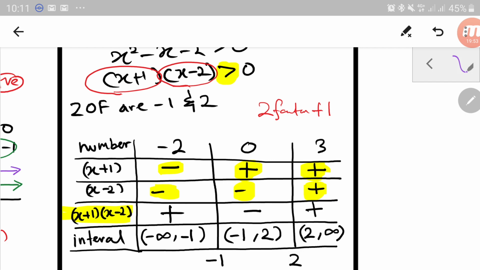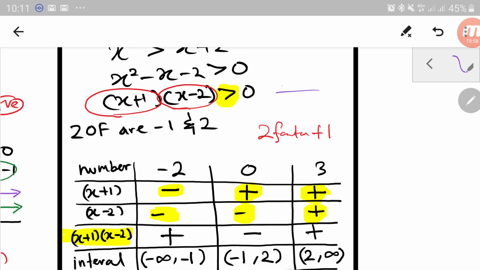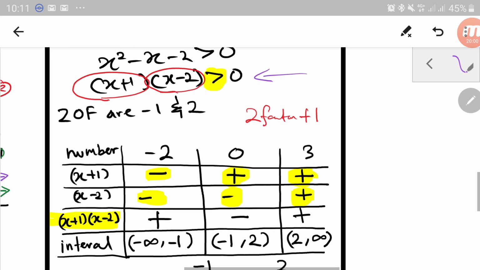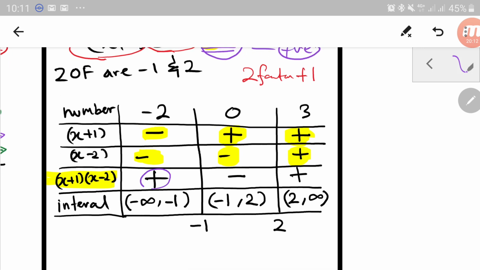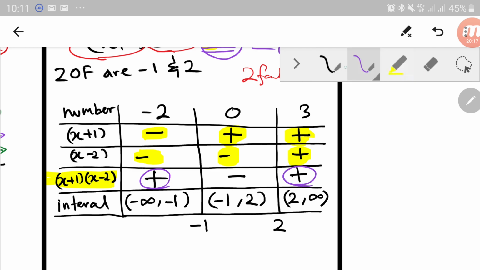Where to decide? We look at the last line where we factorized the quadratic inequality, you see the greater sign. Greater than 0 means positive. Where is the positive? Over here and over here. So what is the solution? Simple. You just take the interval beneath it.